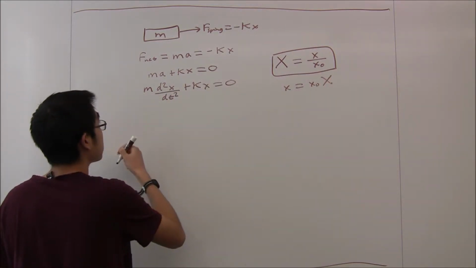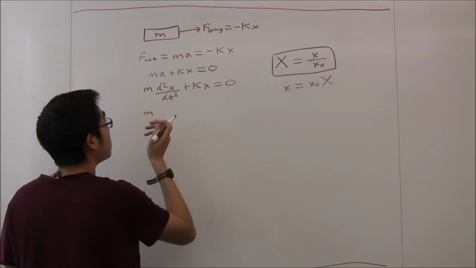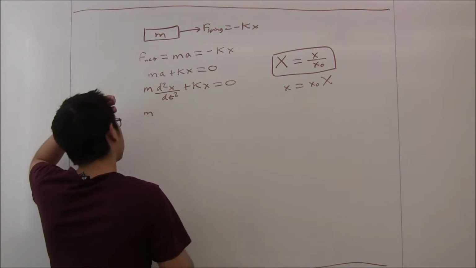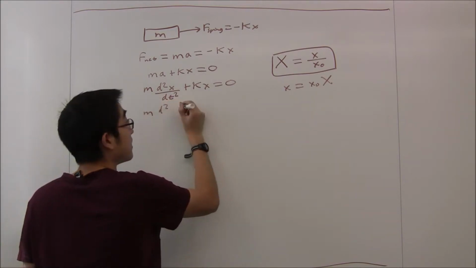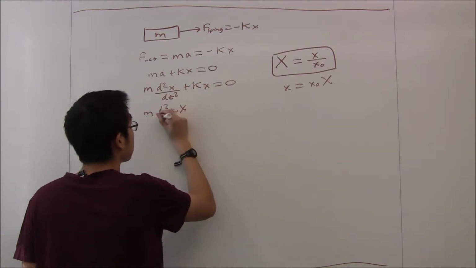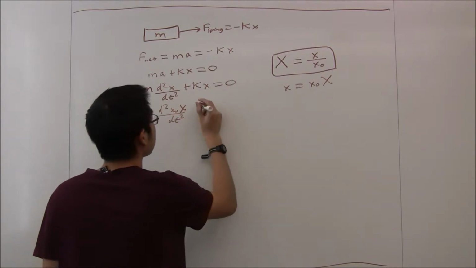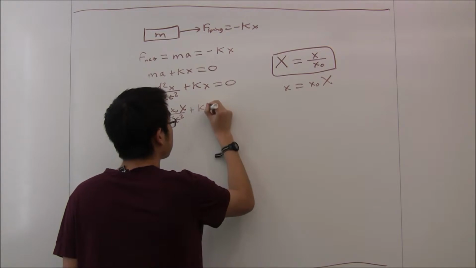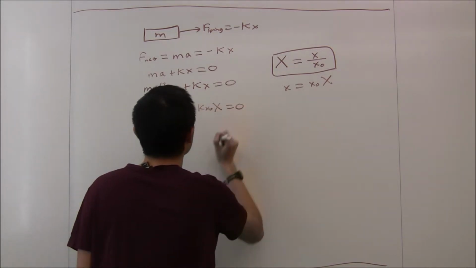So in our equation of motion, we have m times the second derivative of x naught big X with respect to t, plus kx naught big X equal to 0.